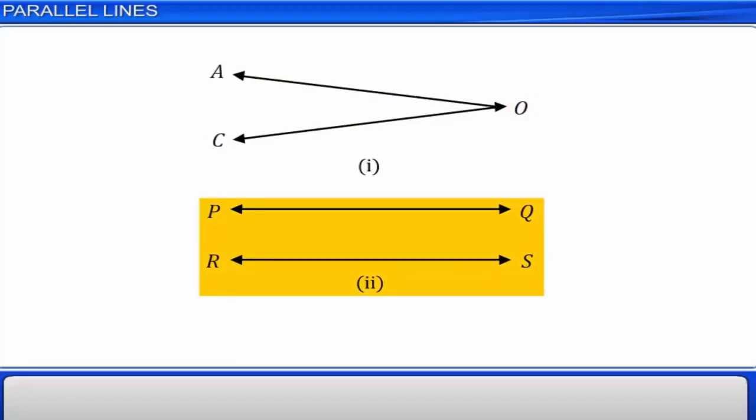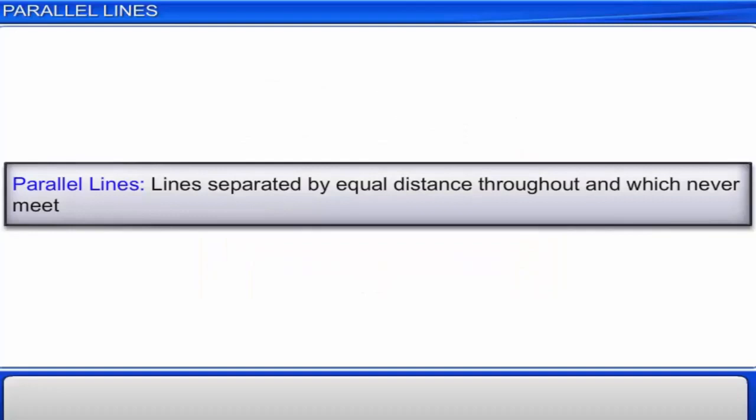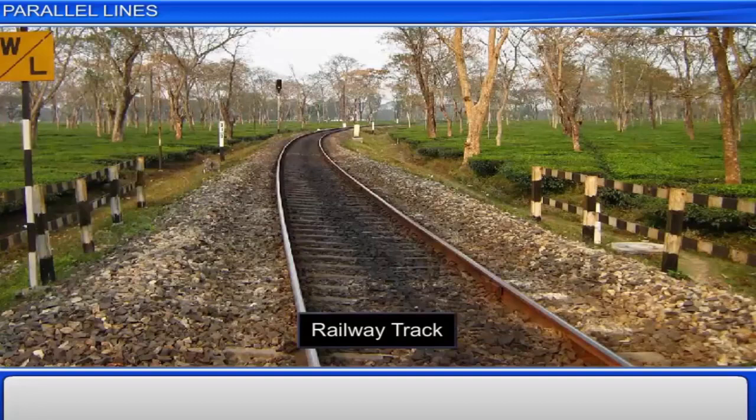Such lines are called parallel lines. Parallel lines are defined as the lines which are separated by equal distance throughout and which never meet. One such example of parallel lines in our day-to-day life is a railway track.